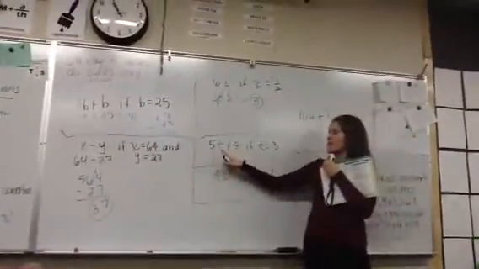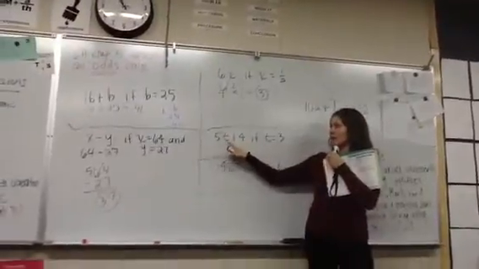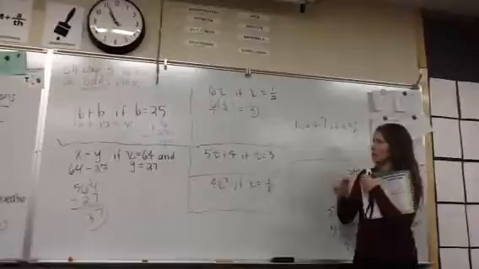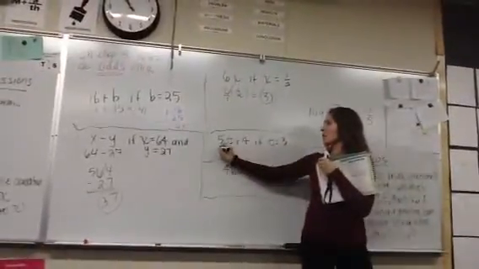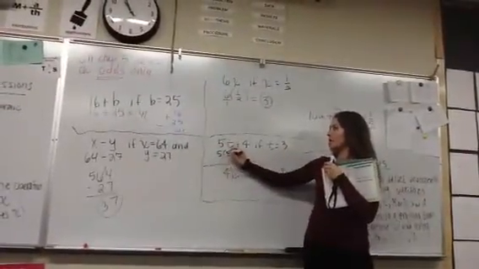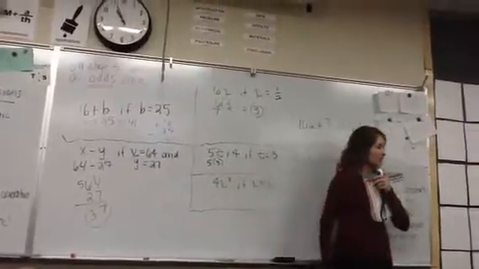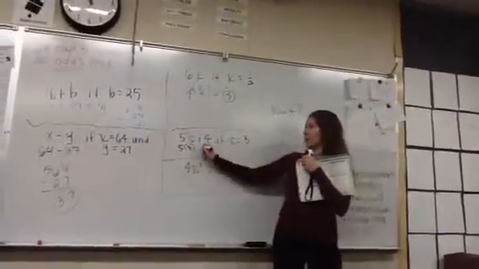Next, it says 5t. Look at how that t and that plus sign kind of look like each other. That's why I put a little tail here. Plus 4. If t equals 3, 5 times 3, because they're stuck to each other, implies multiplication. Following? Then I'm going to put plus 4.